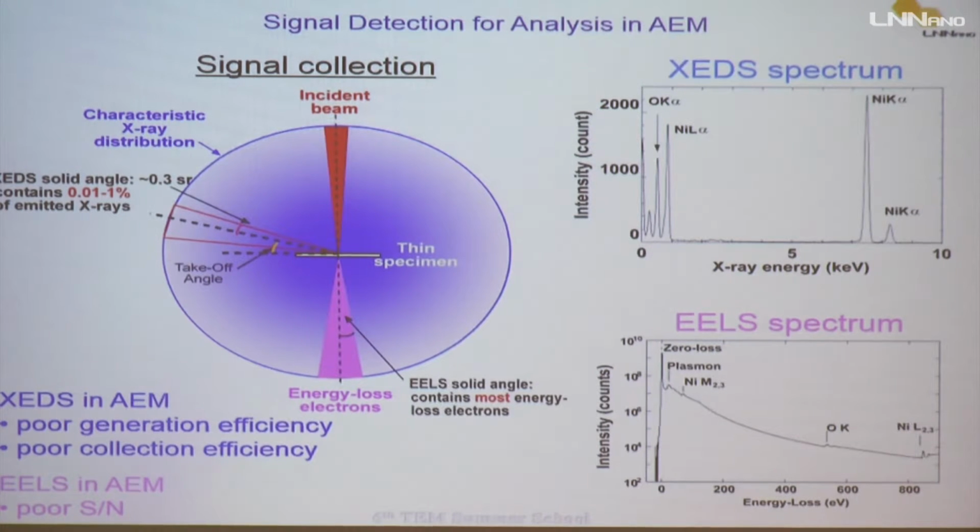We have many instrumentations on the lenses, and your sample is inserted in a very small, thin space, okay? The X-rays are generated spherically from your specimen, and then you need to put a spectrometer there.